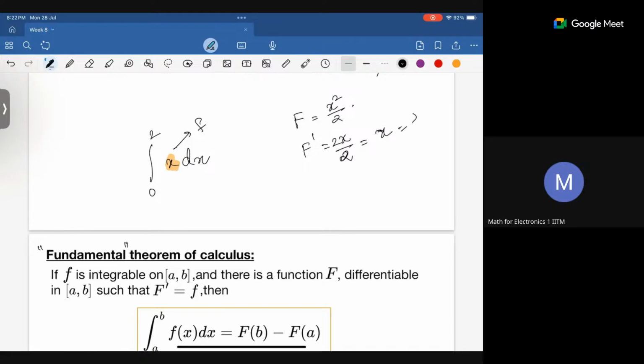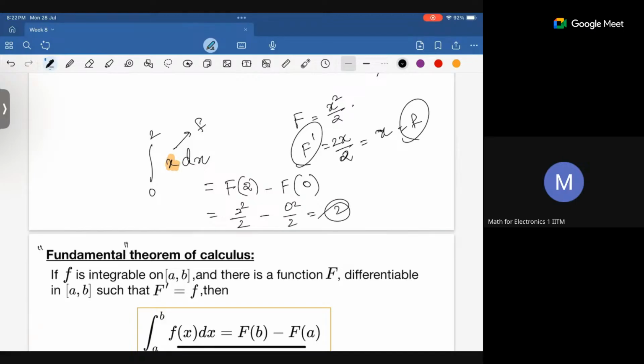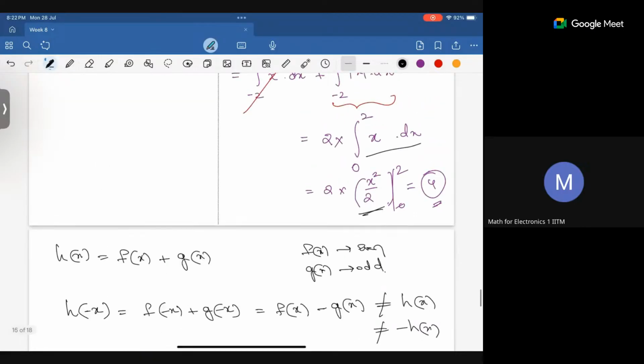So we have a pair, capital F prime and small f, both are equal, and therefore this will be capital F of 2 minus capital F of 0, which is 2 squared by 2 minus 0 squared by 2, which gave us 2, and we multiplied it by 2 because outside there is 2, and finally we got 4.